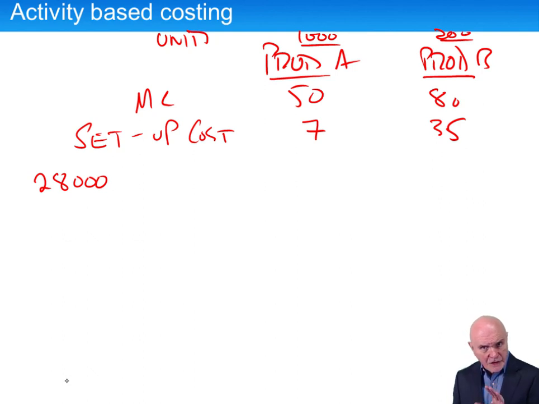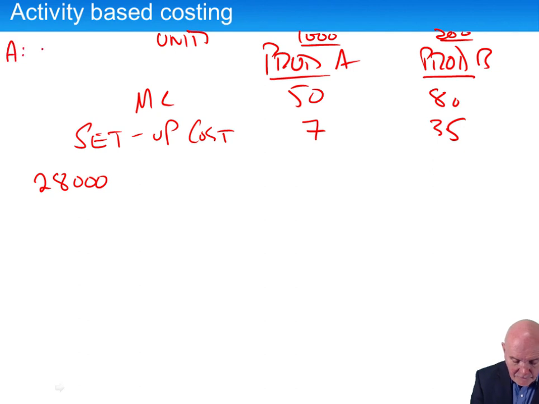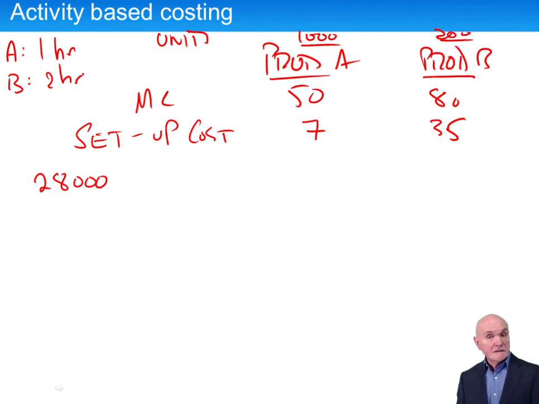Just for the sake of argument, an easy way to see this is to say that A takes 1 hour and B takes 2 hours. It might be 5 minutes and 10 minutes. It might be 3 hours and 6 hours. It doesn't really matter. But that has put down the idea that 1 unit of B takes twice as long as 1 unit of A. So how many hours are we budgeting for if we were doing it like that?